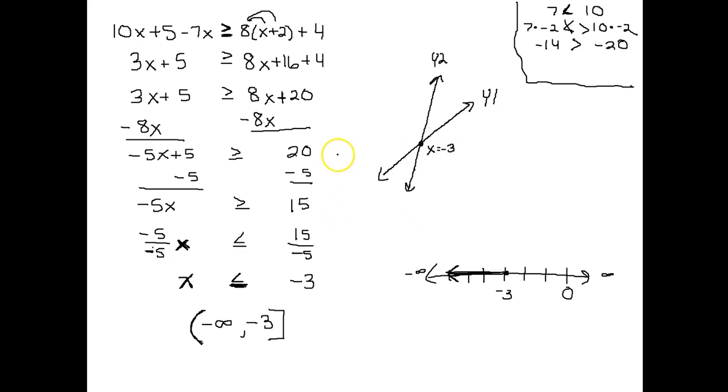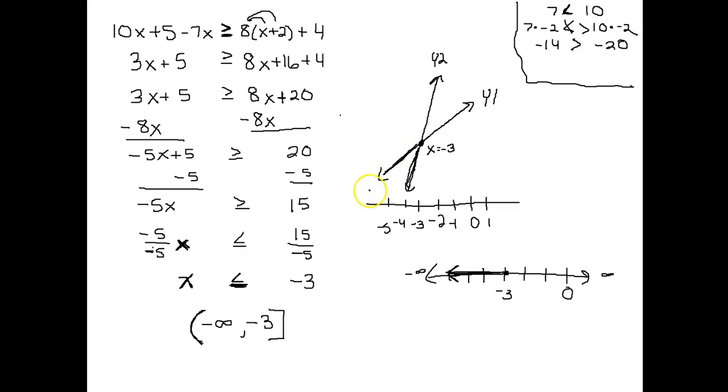But when you're looking at your grid, when you're looking at your x values, for everything to the left of x equals -3, y1 is hanging out above y2.